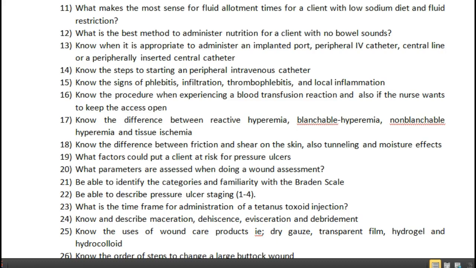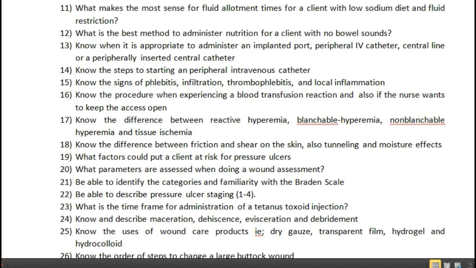So basically, if it has some labs or whatever, make sure that you look at it like that. What is the best method to administer nutrition to somebody, for instance, that doesn't have any bowel sounds?